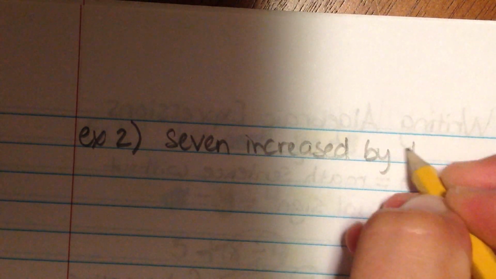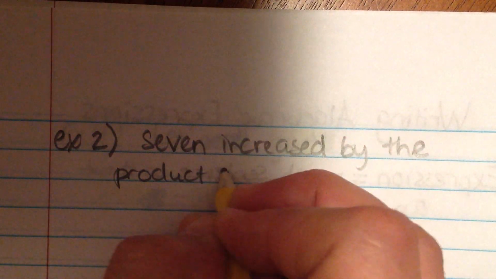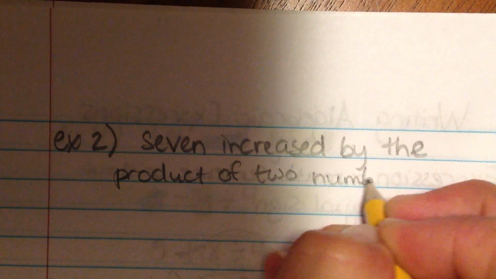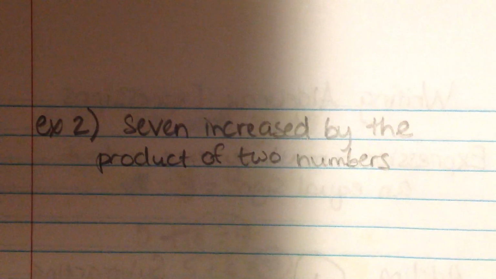Example 2. If I say 7 increased by the product of 2 numbers, I see 3 parts.